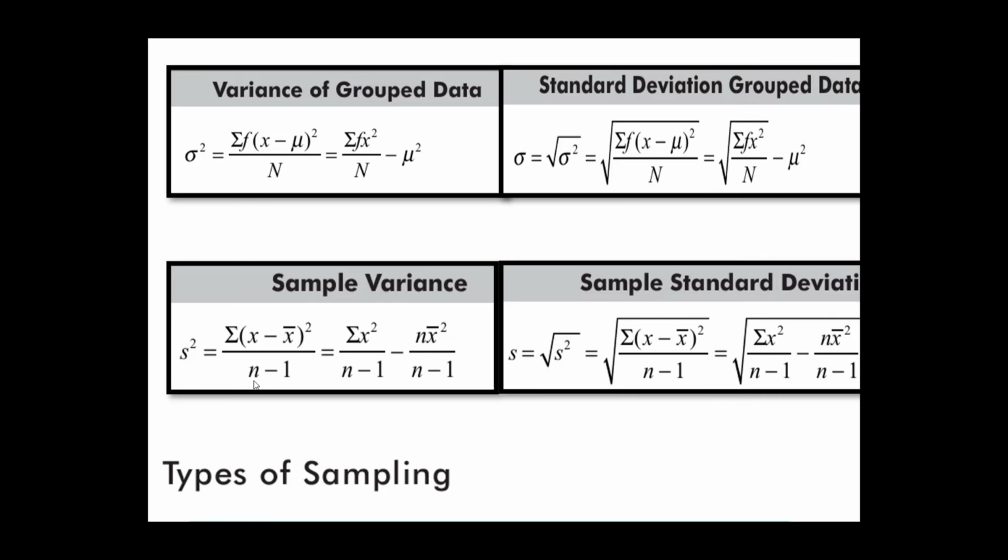So this minus 1 is a must. Sample variance is sigma of (x minus x bar) square upon n minus 1. Similarly, standard deviation is the square root of that, where the denominator is n minus 1. So this has to be remembered when we start calculating sample variance and sample standard deviation from the given raw data.